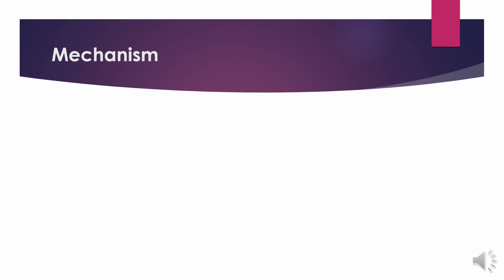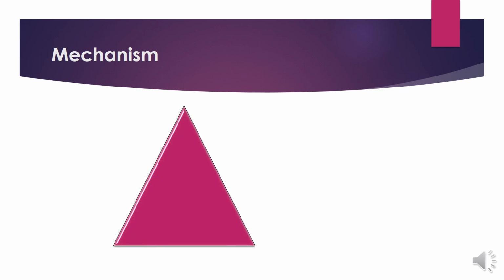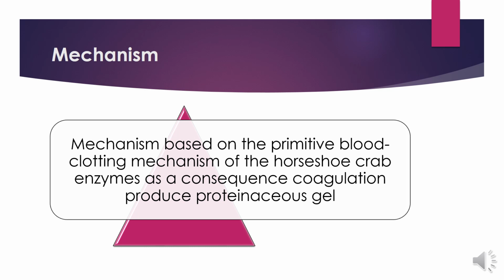The mechanism on which this method is based is the primitive blood clotting mechanism of the horseshoe crab enzymes. As a consequence, a coagulation produces a proteinous gel. So when these enzymes obtained from the horseshoe crab, or LAL reagent, come into contact with the pyrogens in the preparation, they become coagulated and form a proteinous opaque gel.